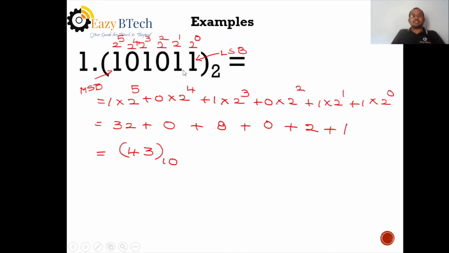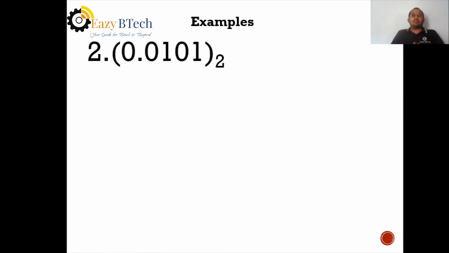Right? Next. Second example. In this example we are considering a fractional binary number, and we will find the corresponding decimal equivalent for this. If we are having a fractional part, then we have to assign weights in the negative powers.